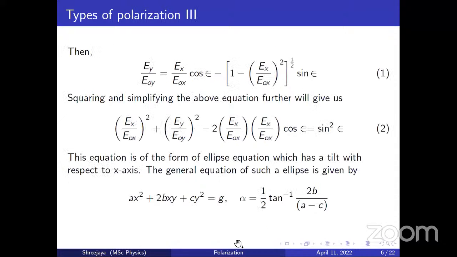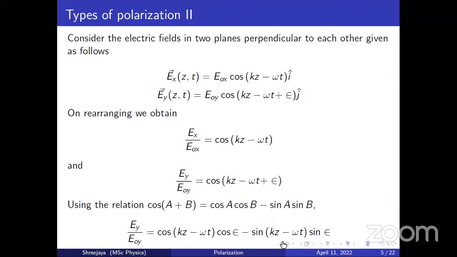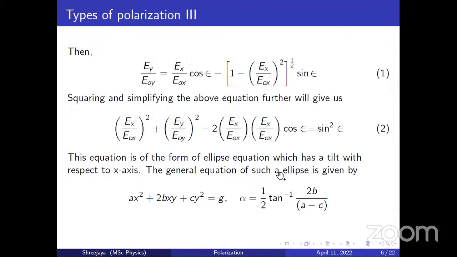Using the relation cos squared x plus sin squared x is equal to 1, you can replace sin(kz minus omega t) here with this one, since you have cos(kz minus omega t) here, you can replace it and write like this, and you obtain this equation by squaring and simplifying further.